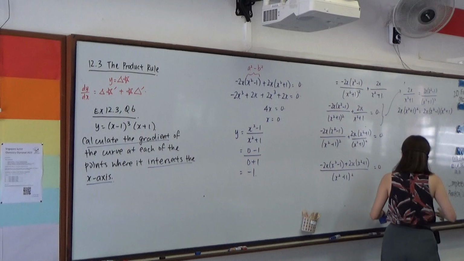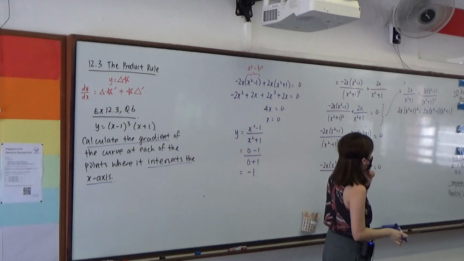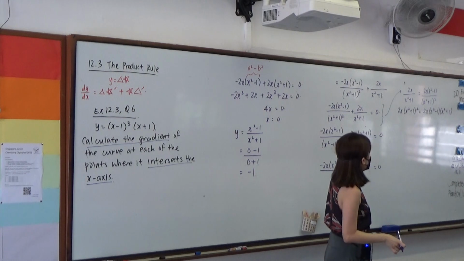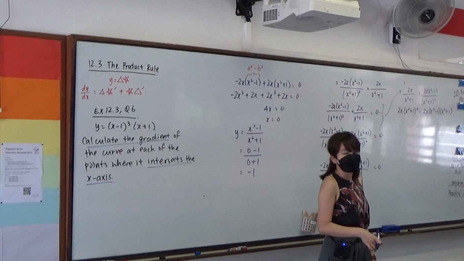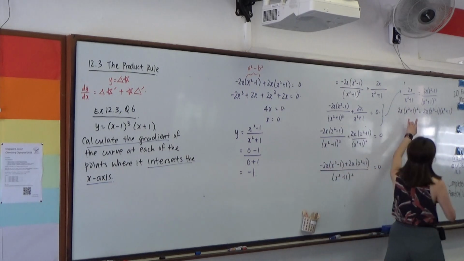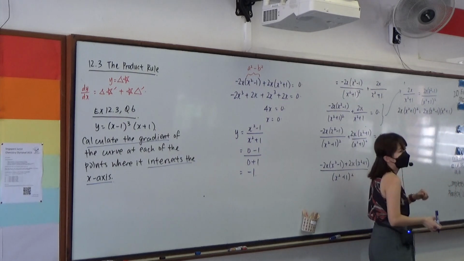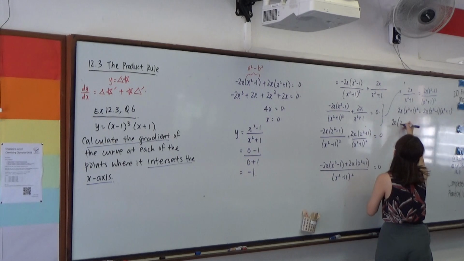At this stage, how do I move on from it? It would be complicated, because the next step moving forward is to really expand it. I don't see any other way if I cannot cancel away x squared plus 1. So the only way out is to really expand this.